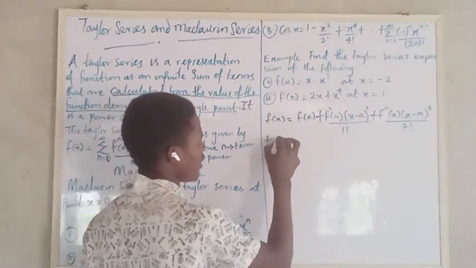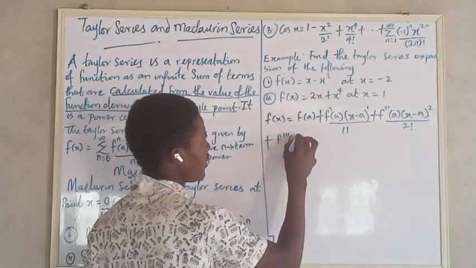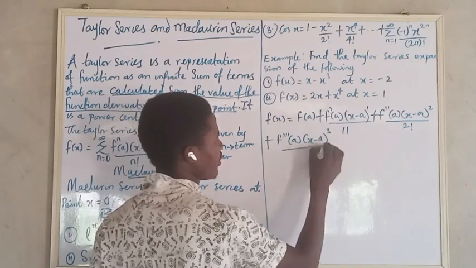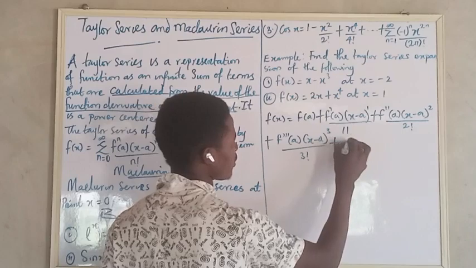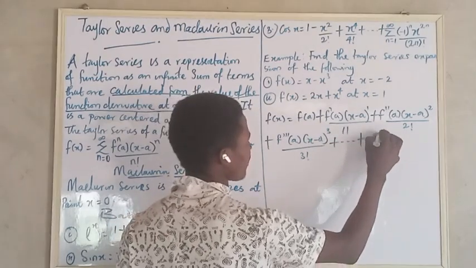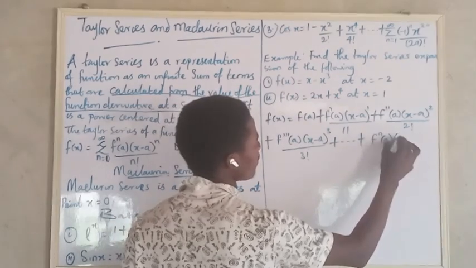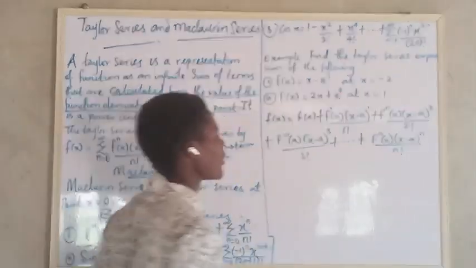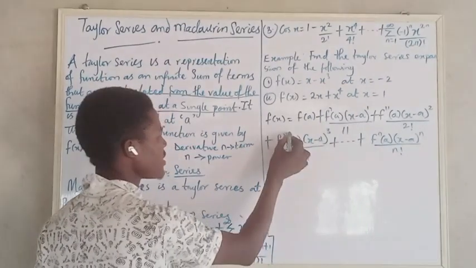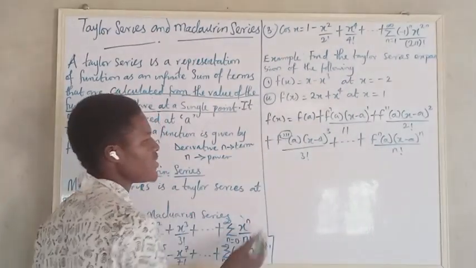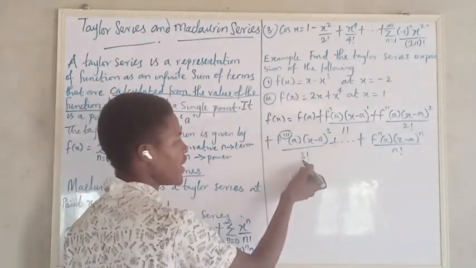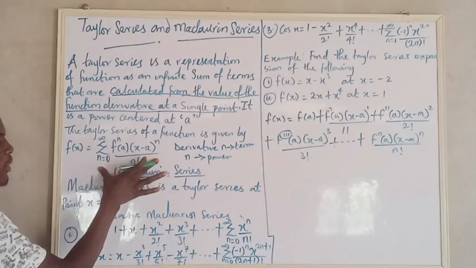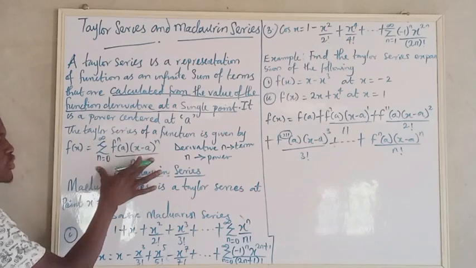Then plus f triple prime of a multiplied by x minus a raised to power 3 over 3 factorial, plus up to f raised to power n of a times x minus a raised to power n over n factorial. So you can see the expression. When this one is the third derivative, then I have power 3 here, and I have 3 factorial here. So that is the expression of our Taylor series function.